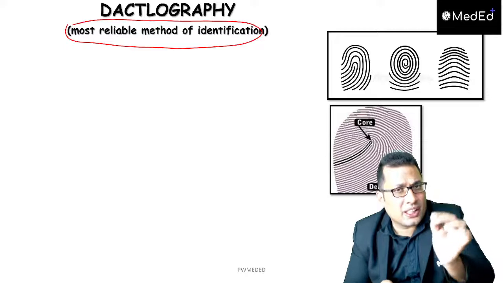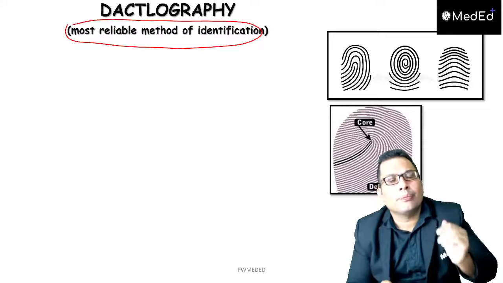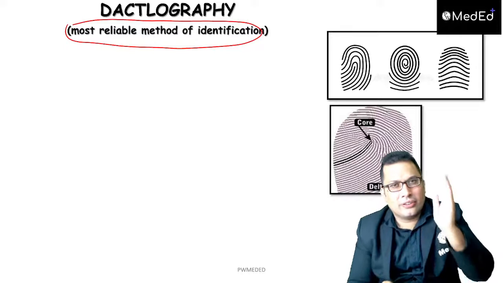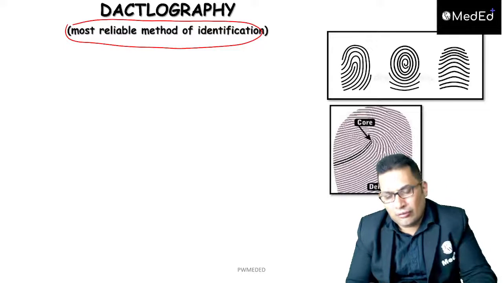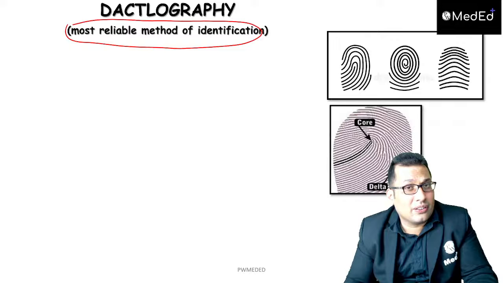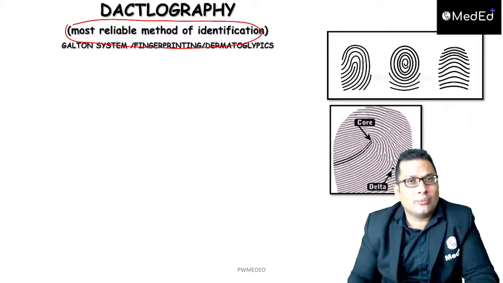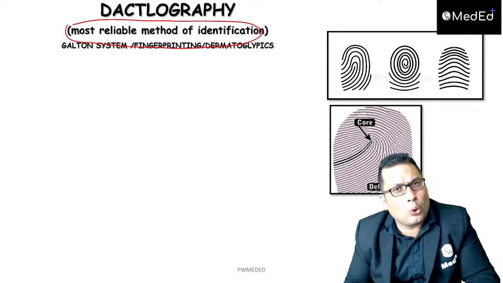Fingerprint Bureau was first started in India, MCQ, in Kolkata by Francis Galton as well as William Herschel. It is also known as Galton system, fingerprint system, or dermatoglyphics.